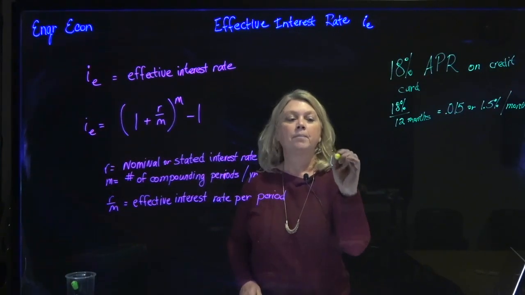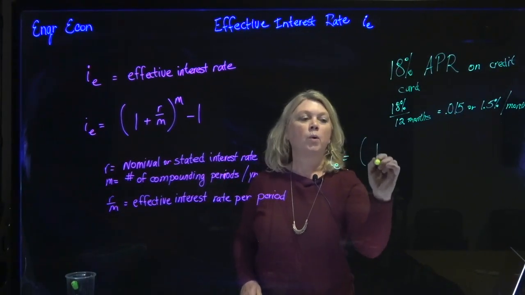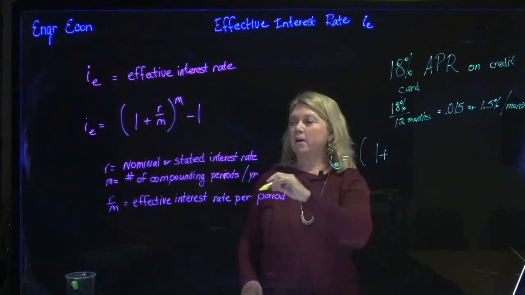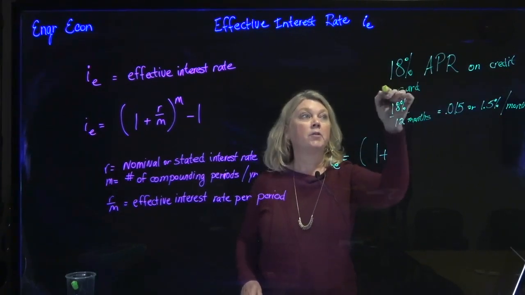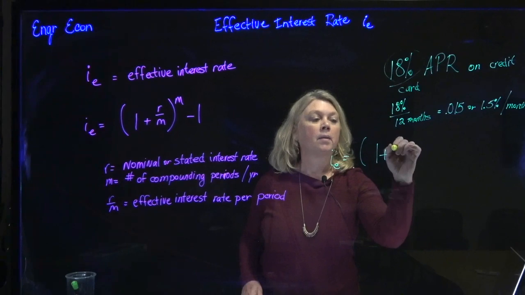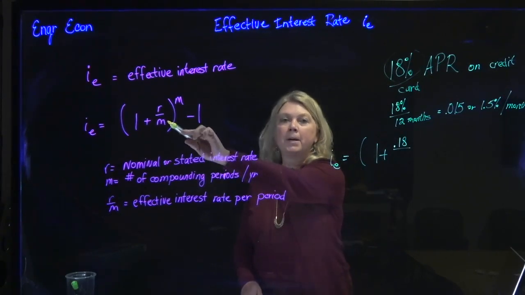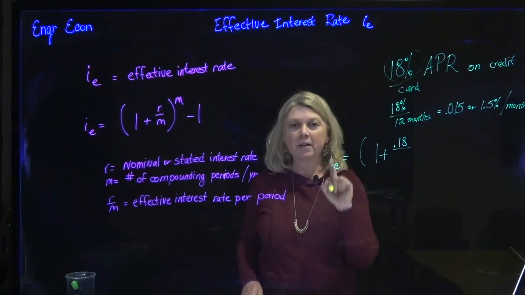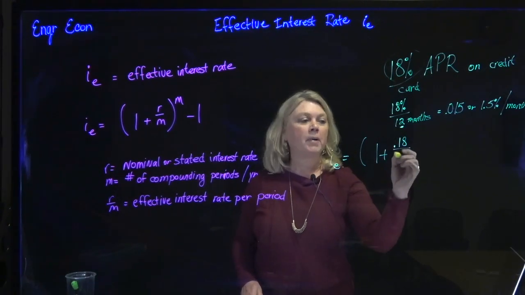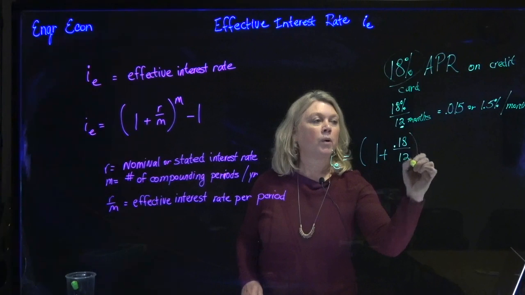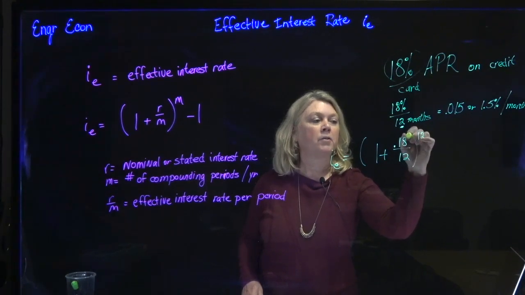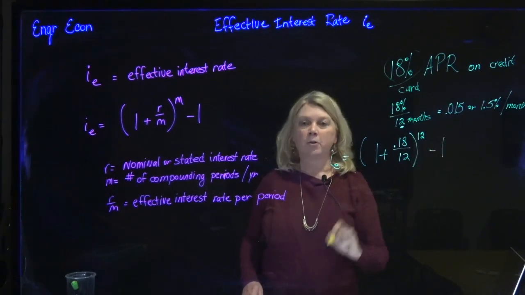I sub E equals 1 plus R, our nominal or stated interest rate, I'll say 0.18 divided by M, the number of compounding periods in 1 year. That's 12 months in 1 year, and then to the exponent of 12, and then you subtract 1.